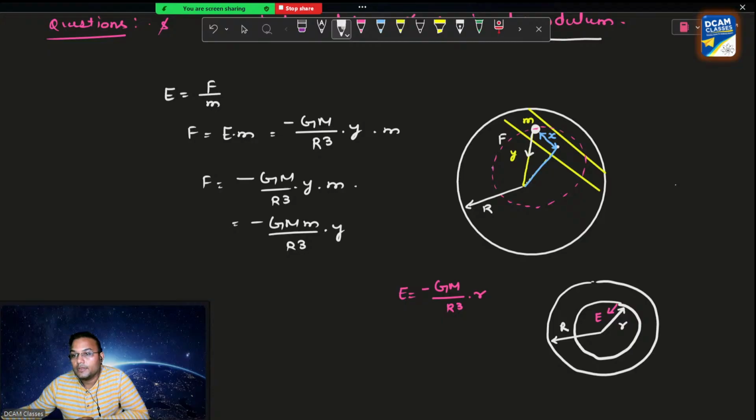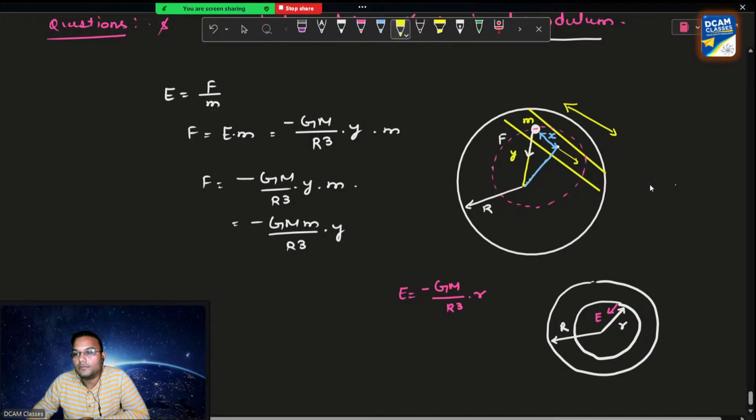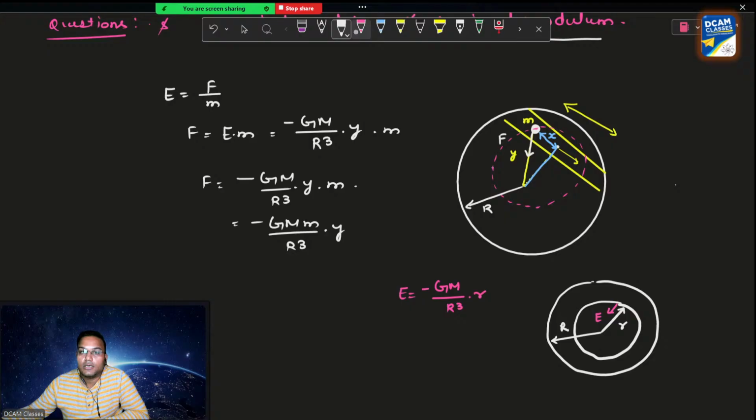Now, since the SHM is taking place in this direction, to and fro, along this, we have to take the force component along this direction. If I have taken this angle as theta, what will be the force which is required for SHM in this direction?